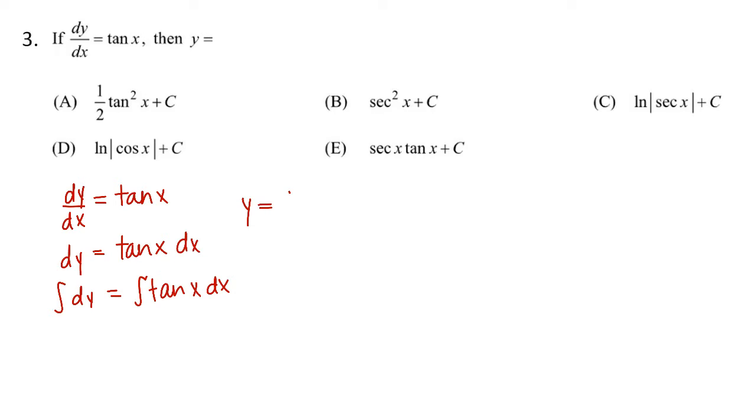If you're not sure what that's equal to, you can always say, well, definitely not cosine. So we have sine x over cosine x dx, and we can do a u-sub here and let u equal cosine x, and du would then be the negative of sine x.